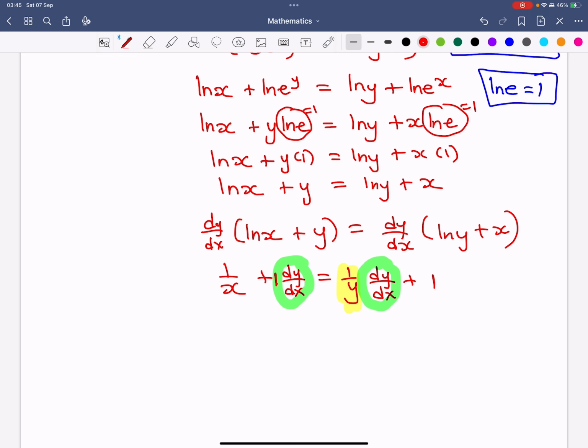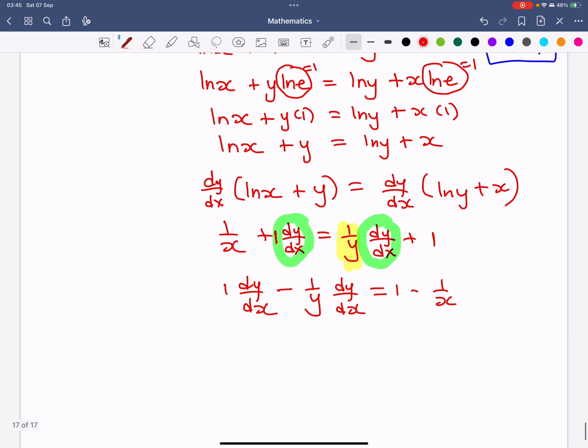Let's put everything with dy over dx on one side. So this becomes 1 dy over dx, and then minus 1 over y dy over dx, and then it equals 1 minus 1 over x, right?